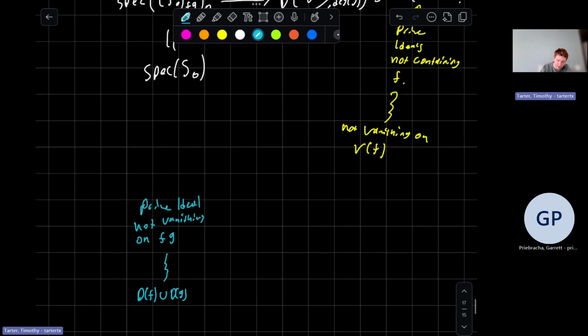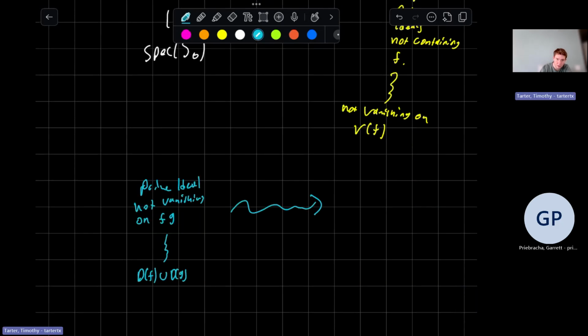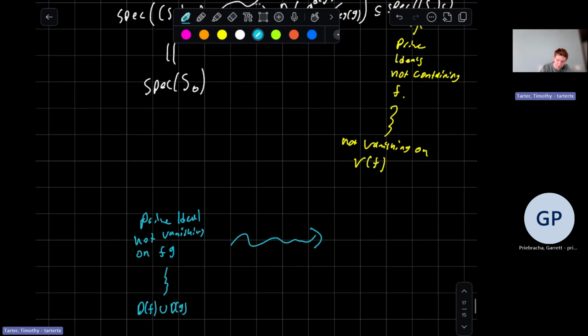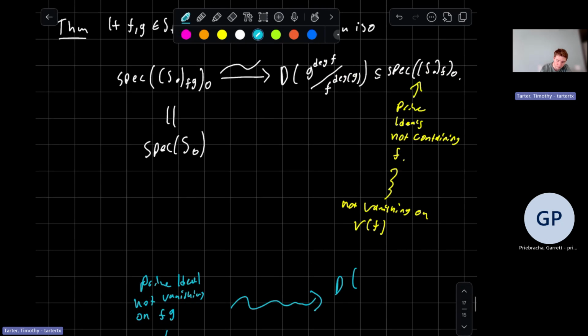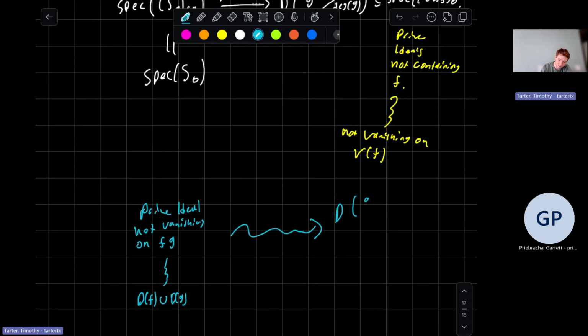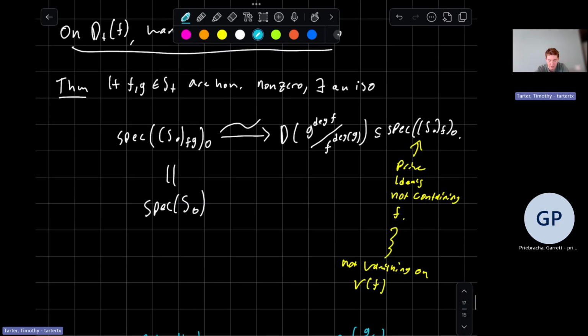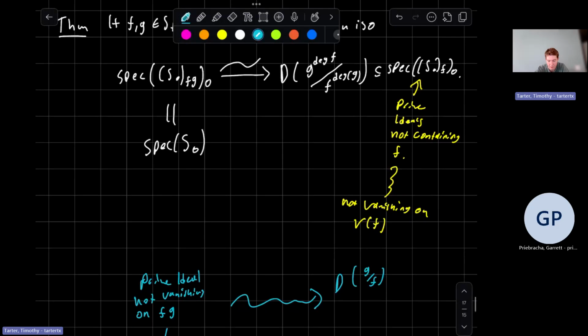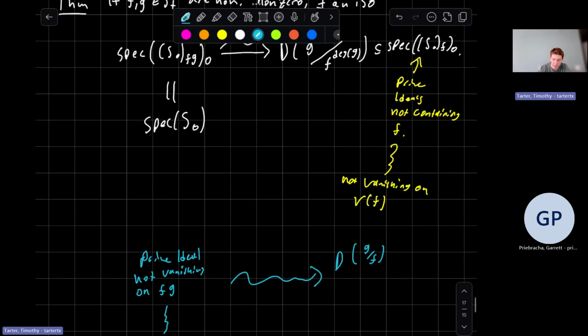And so then this goes over to the does-not-vanish set of G over F with homogenization, contained within the not vanishing on F.